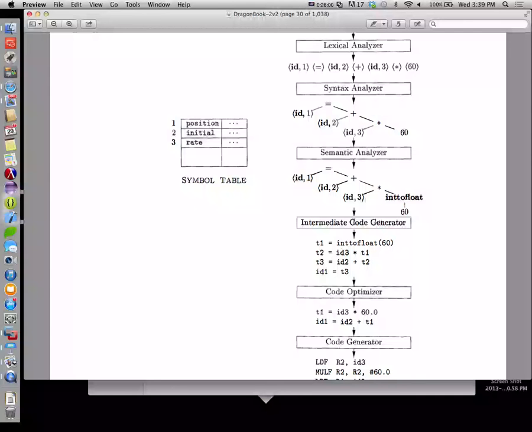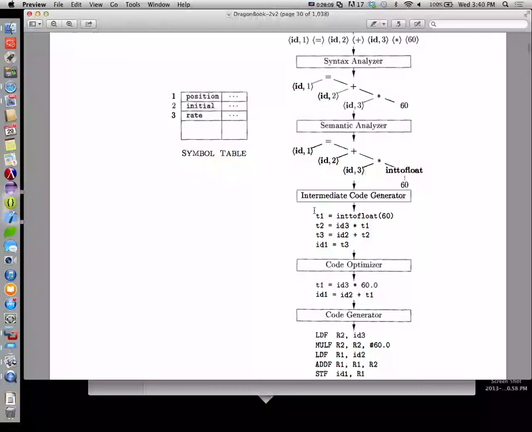Then we have the intermediate code generator, which is going to take our semantic analyzer output, this guy, and we've created some hard-coded variables. Think of these like your registers on your CPU. So they've created this thing called T1. T1 is just going to hold the float version of 60. So first of all, notice that we're starting at the bottom of the tree. Then we go to T2.